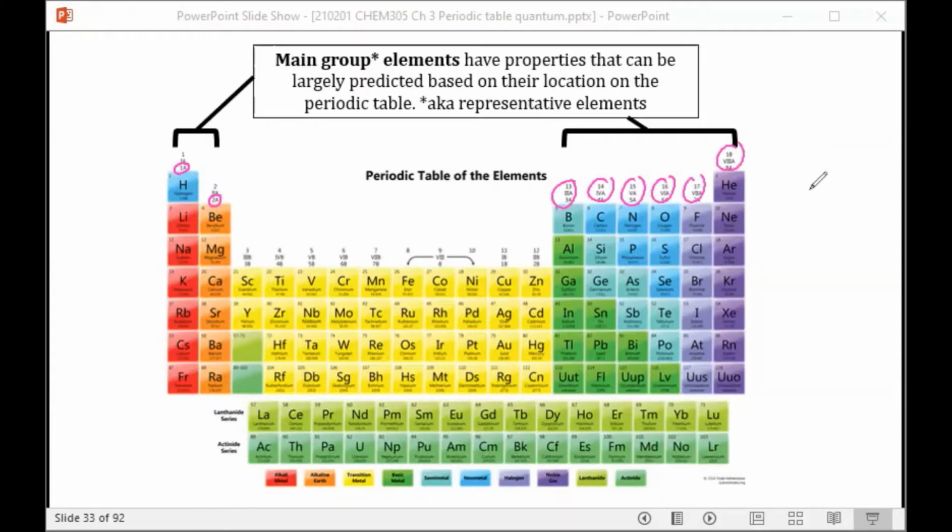These elements all have properties that can be largely predicted simply based on their location on the periodic table. Anything in this area, down all these columns, or in this area, we could predict a lot of what it's going to do, how it's going to react, whether it's going to be a solid, liquid, or gas, etc., simply based on where it's at on the periodic table. And so we call those the main group elements. This is why some people like the A-B numbering system, because every A column is a main group element.